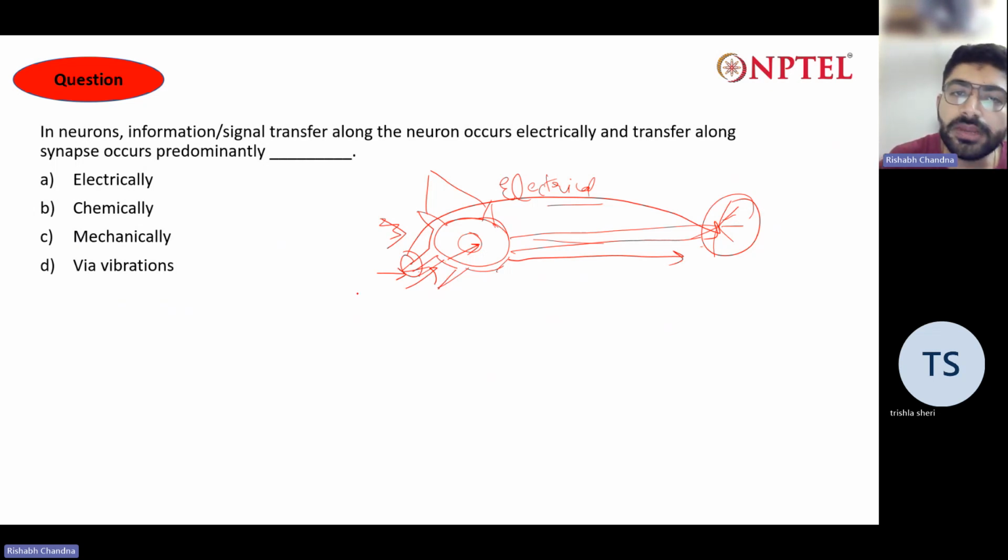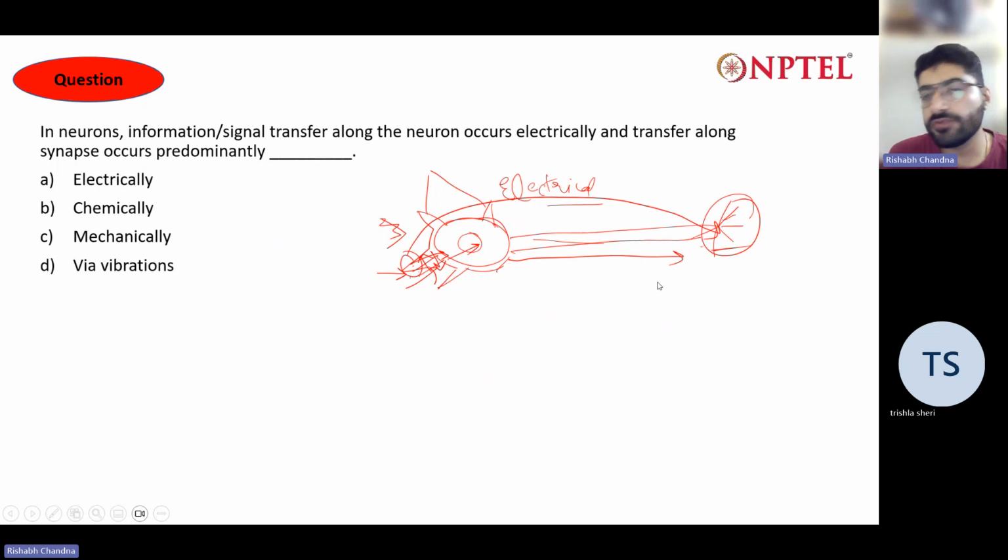So they open, and there is inflow of certain ions and outflow of certain ions. That changes the electric potential of that particular area. Like this, the electric potential changes, and this is the movement of the impulse from the dendrite to the synapse. So this happens in an electrical way. This is basically given in the question.